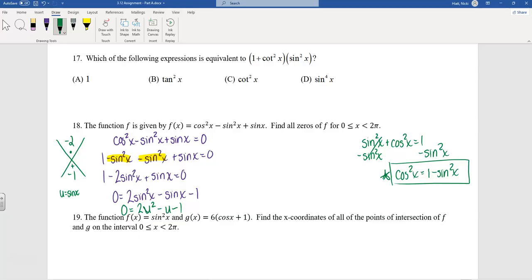What numbers multiply to give us negative 2, but add to give us negative 1? Negative 2 and positive 1.